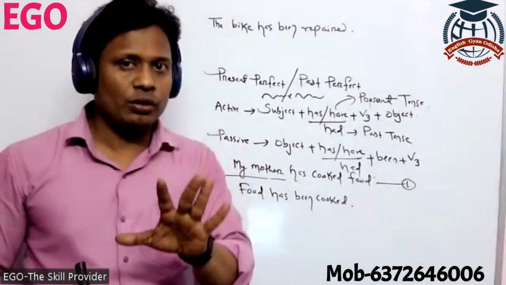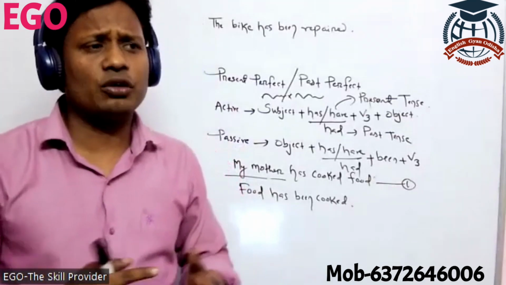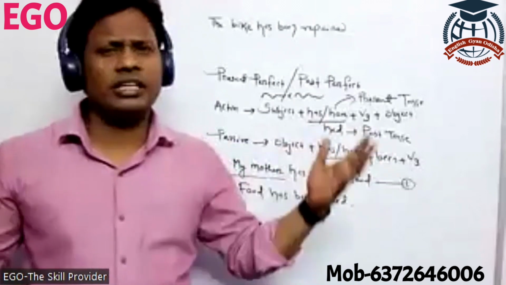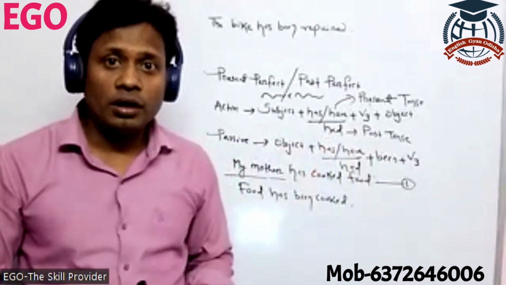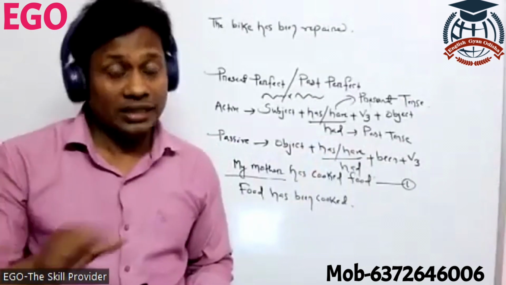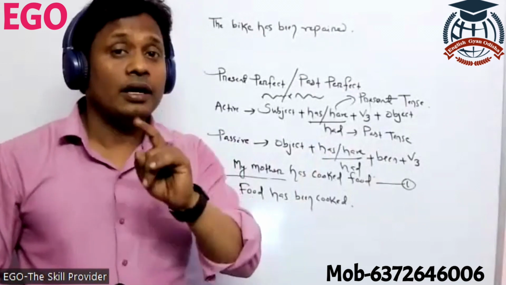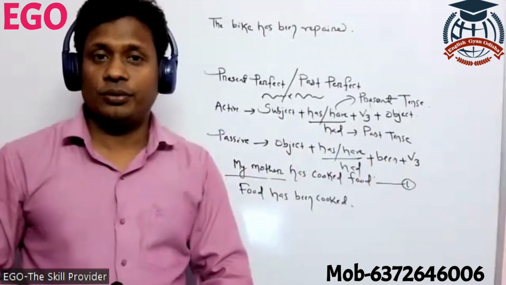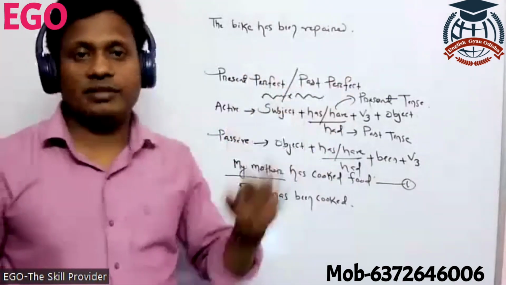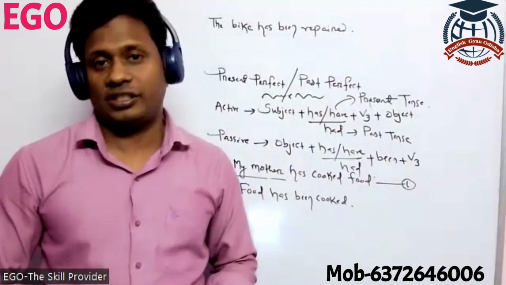I'll take them separately, like we have to take all the things, can, could, will, would, may, might, all the things. Is there any difference between I can do this work and it can be done? There's a difference. I'll tell you, don't worry. Then the modals which you have not already studied, how to revise them in active and passive. So don't worry. You have a very fun-filled session.